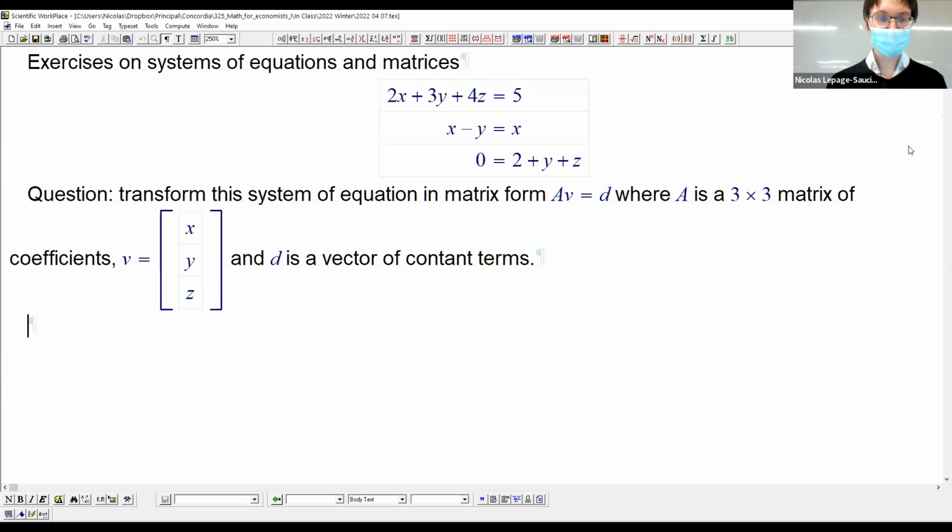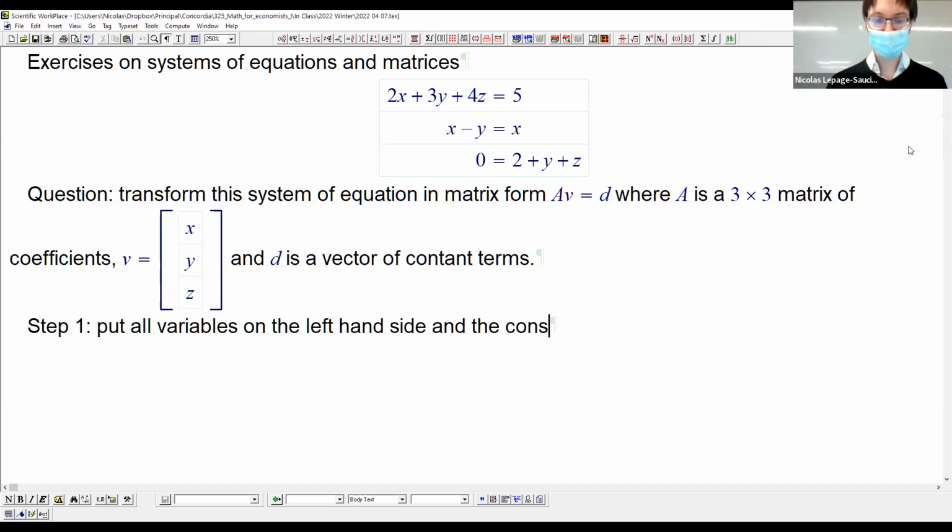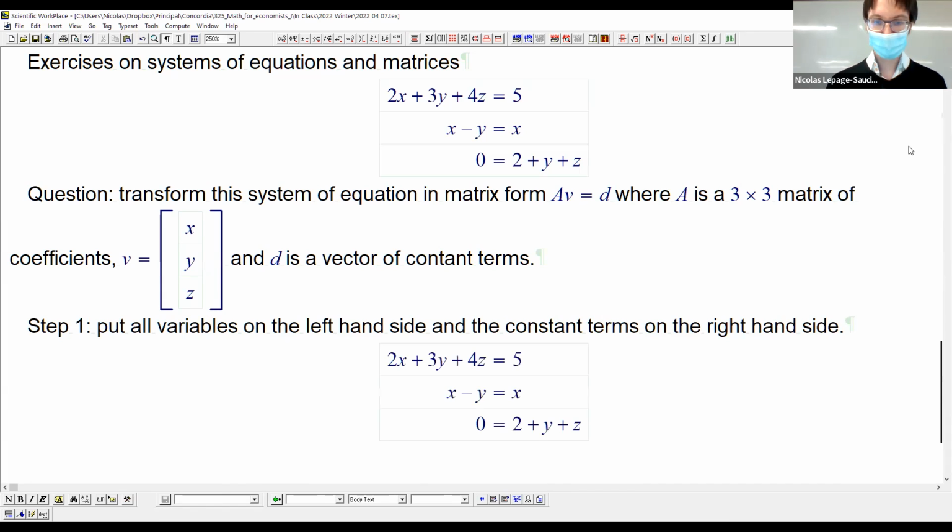Okay, so let's do it. So step one, put the variables on the left hand side and the constant terms on the right. So this is already good.